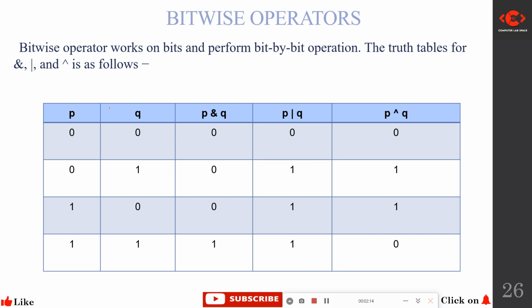If the corresponding bit positions in both the operands are different, then the resultant value will be 1. If they are the same, the result will be 0. It is easy to remember like this: when both operand values are the same, the result will be 0. If both are different, the result will be 1. So this is bitwise exclusive OR.